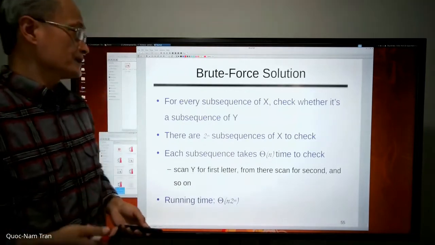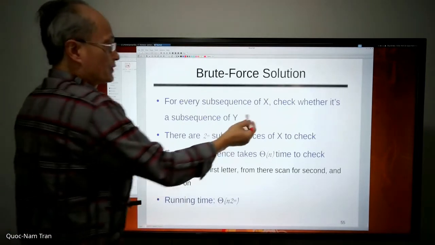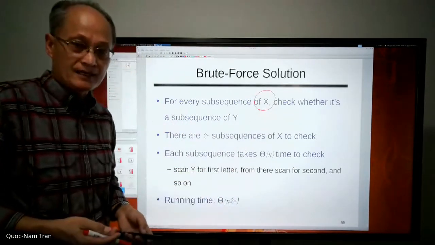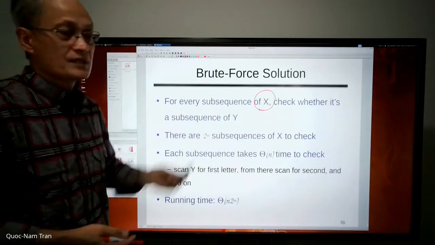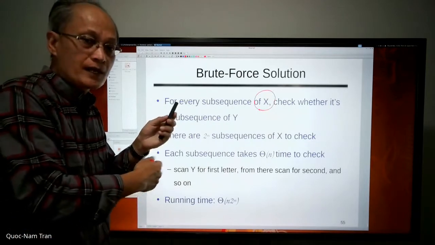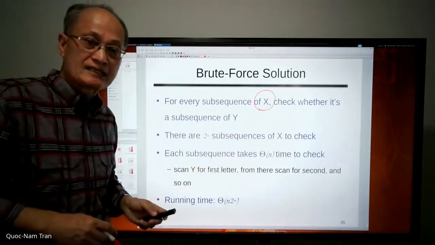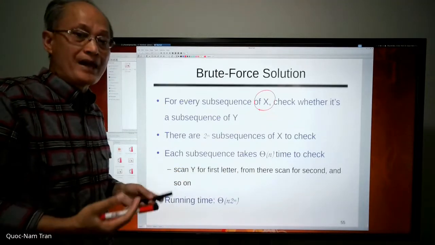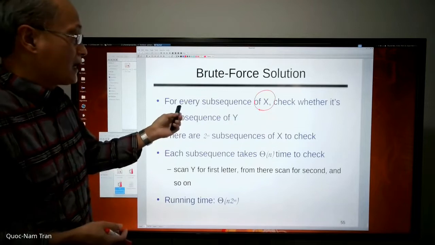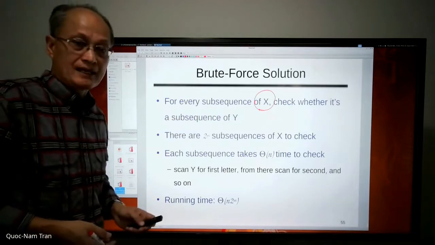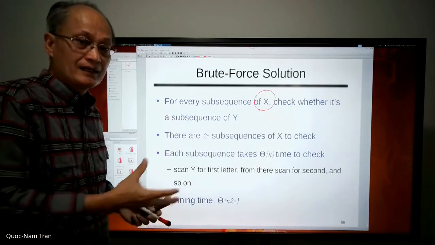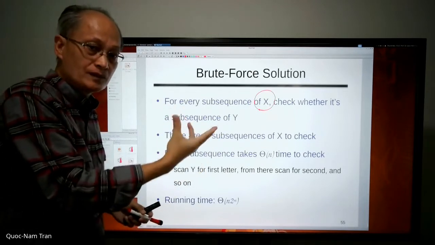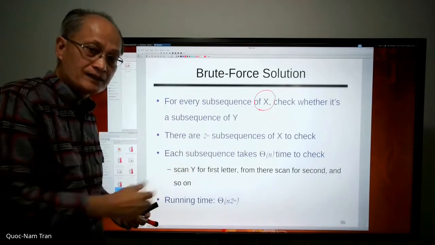So the first thing we can say is that we take every subsequence of X, and then for each subsequence of X, we search the second sequence Y to see if there is a match. But every subsequence of X means that we have to consider subsequences with one letter, two letters, three letters, and four letters.